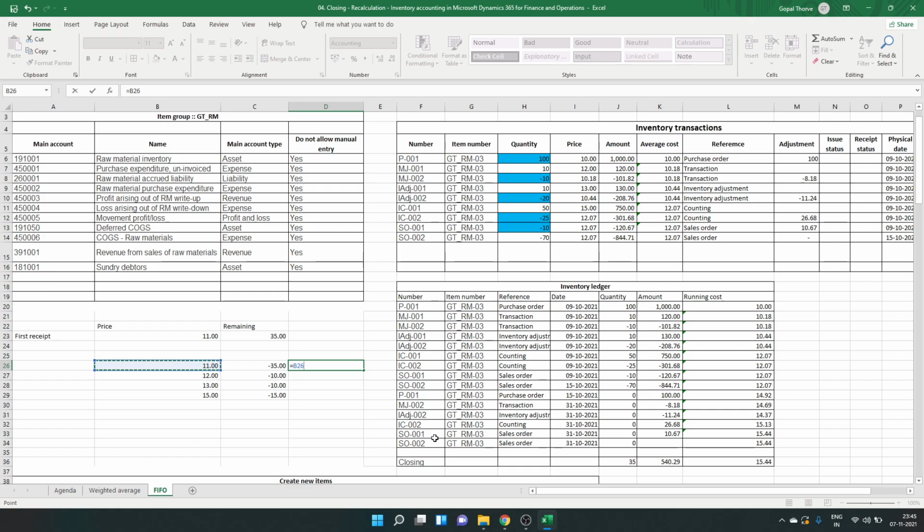So first 35 quantity at 11 per piece, second 10 quantity at 12 per piece, third 10 quantity will be settled at 13, and remaining 15 quantity settled at the rate of 15.